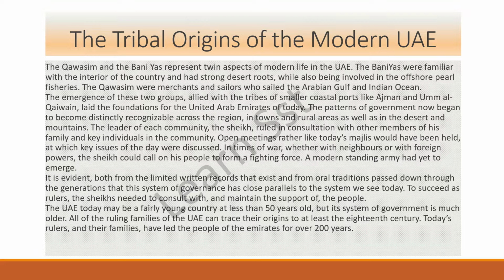Whoever is in the ruling administration belongs to a royal family, and this royal family is ruling from the father to the son, then his son, and it went on like this. So it's a dynasty which they have formed, and for 200 years the sheikhs have been ruling.